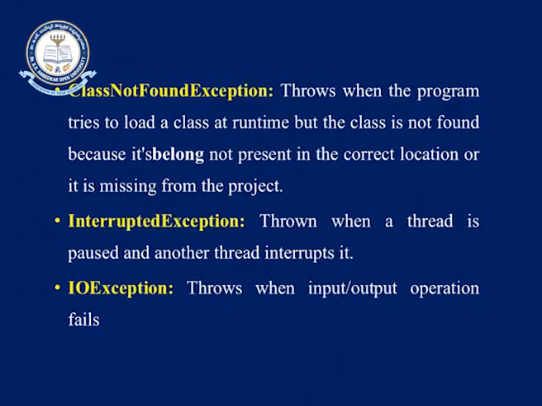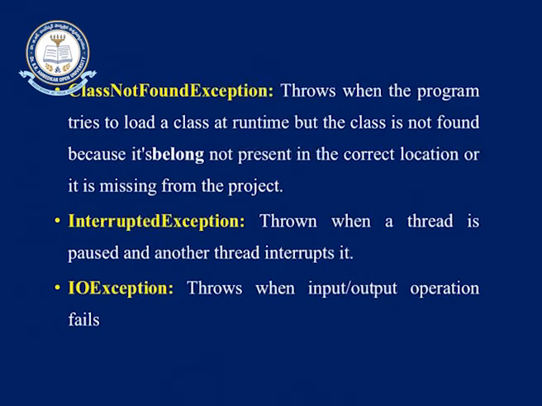Next one is the interrupted exception. What is meant by the interrupted exception? When you are working with the concept of two threads, one thread is paused and another thread interrupts it. Then the interrupted exception will occur. Next one is the IO exception, input output exception.